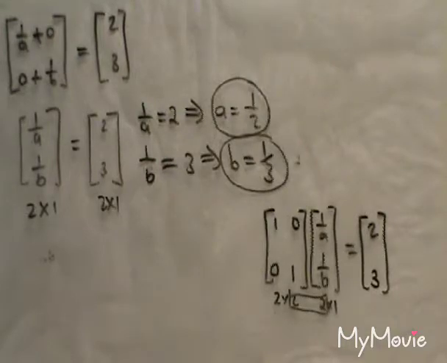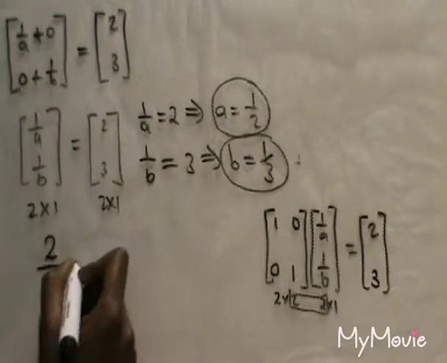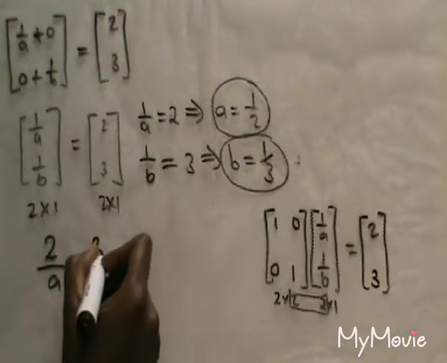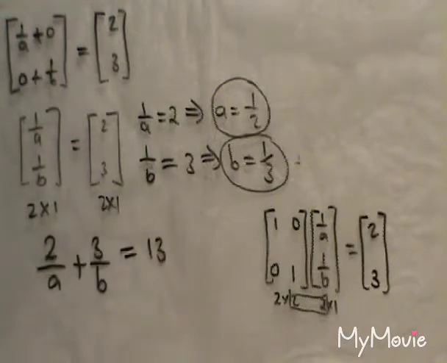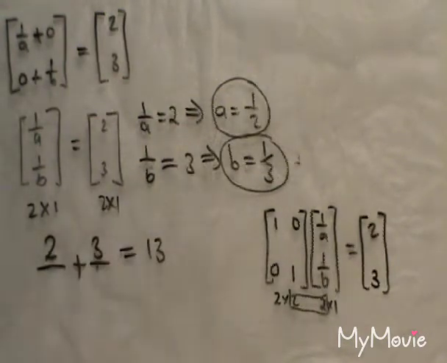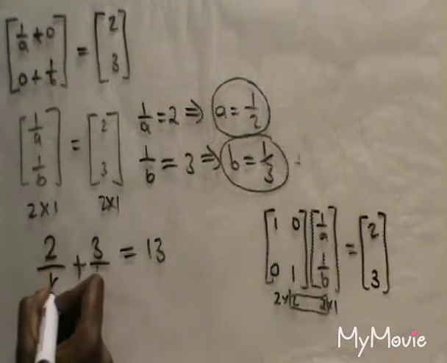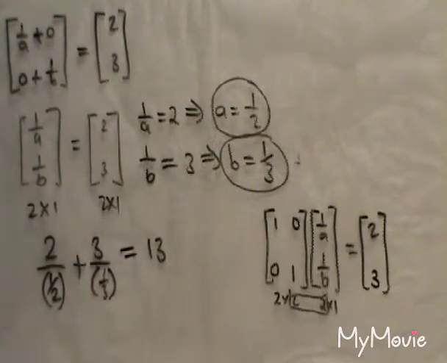Okay, so when you've got your solutions, you can always check them on your calculator, see if they are correct. Remember the original equation, 2 over A plus 3 over B. This is equal to 13, so we can try that on our calculator. Instead of A and B here, I will have a half, and for B I will have a third.